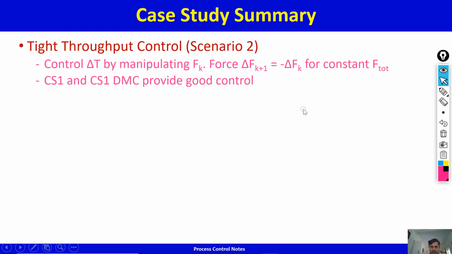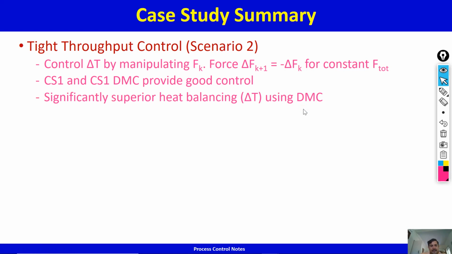What we also saw was that we get significantly superior heat load balancing using DMC compared to decentralized control, and that is because DMC accounts for the multivariable interaction, which was evident in the open loop step responses.